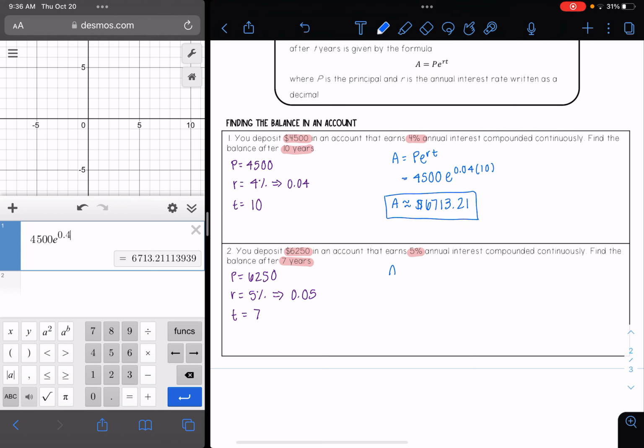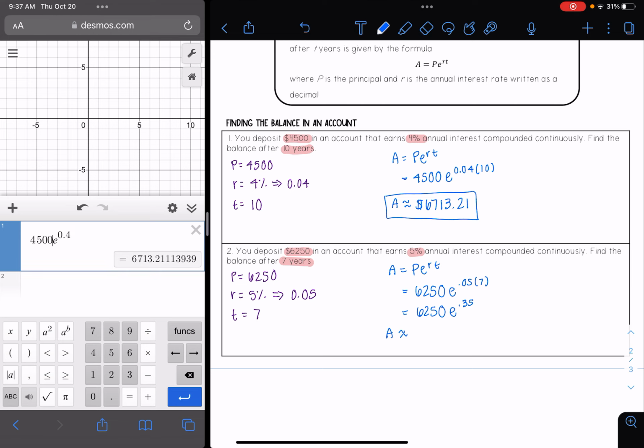So I have my formula that A is equal to P e to the rt. P here is 6,250, e to the r, which is 0.05, times t, which is 7. 0.05 times 7, I get 0.35.